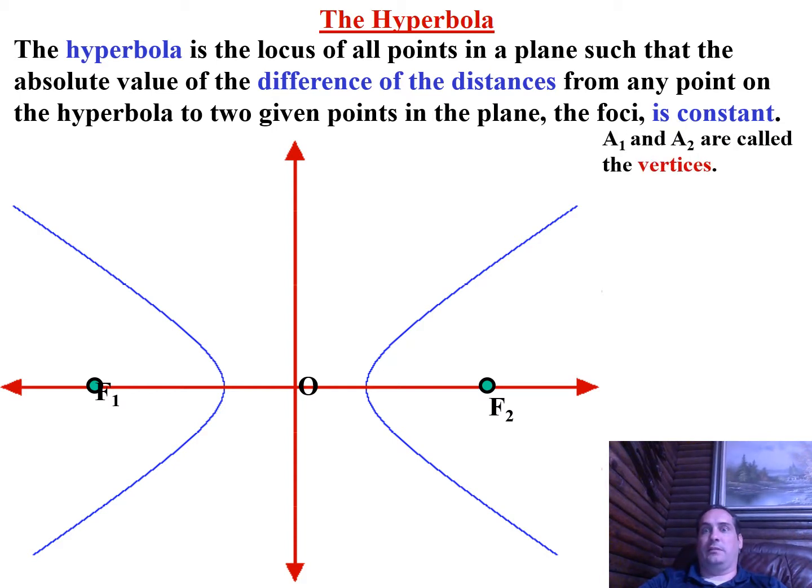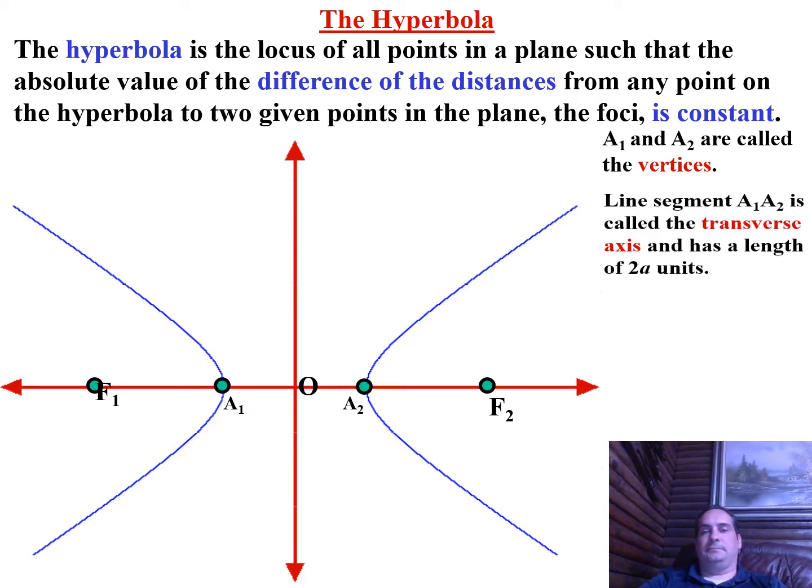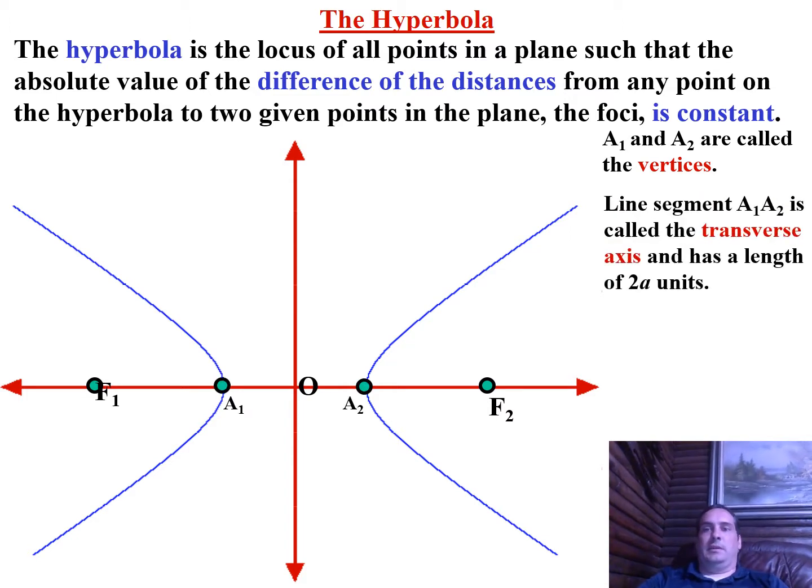F1 and F2 are the foci. A1 and A2 are the vertices. Line segment A1 to A2 is called the transverse axis. So from this point here to this point here is called the transverse axis.